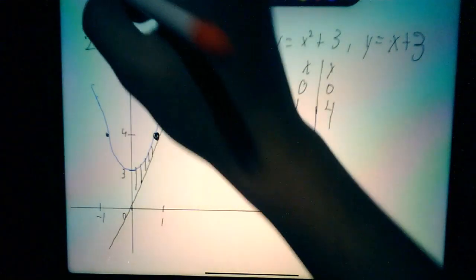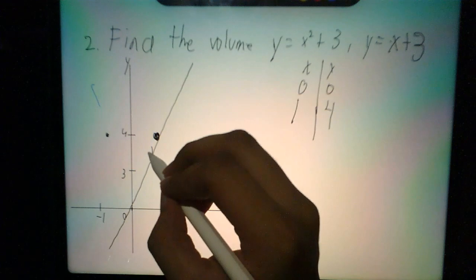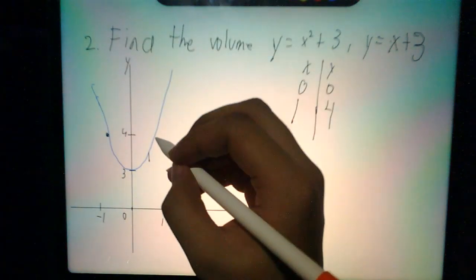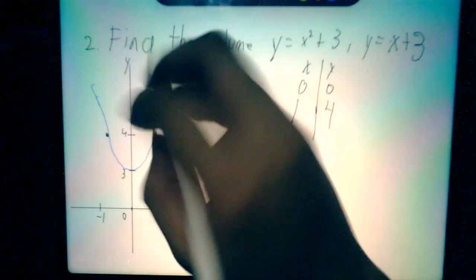Our area of interest. Let's make it bigger here. Never mind this part, let's take this part only on the right side.